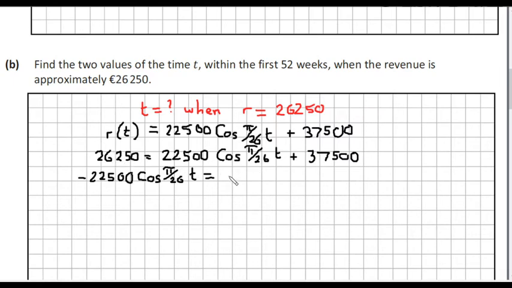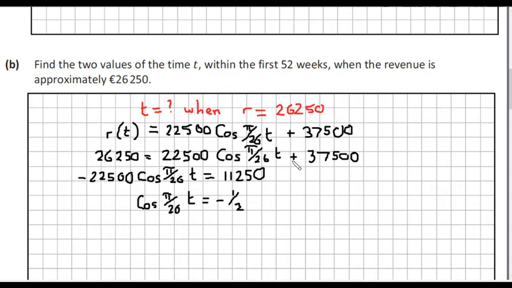So that's going to give us 11,250. And then what we're going to do then is we're going to take this minus 22,500 and divide it into that. So when you divide 11,250 by minus 22,500, that'll actually give you minus a half. So cos of pi over 26t is minus a half.